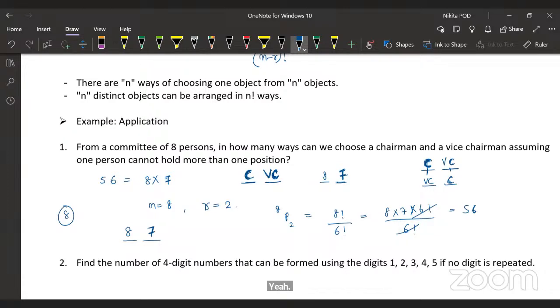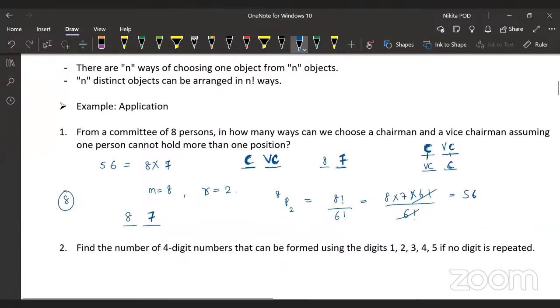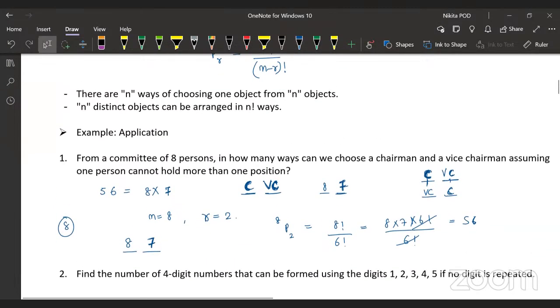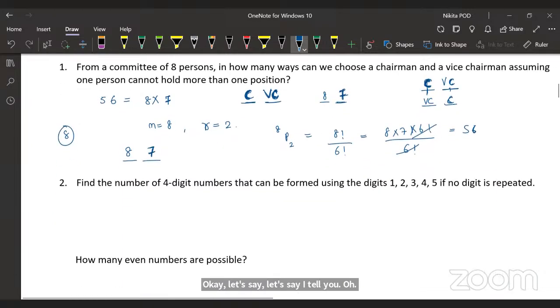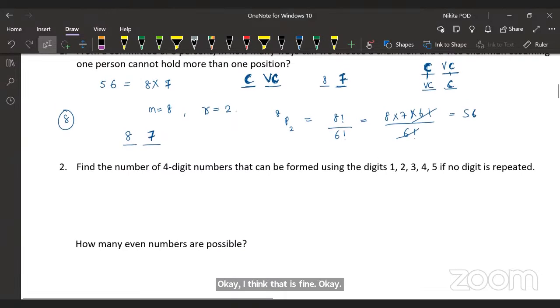Okay, I think it is fine. Let's look at the second question.